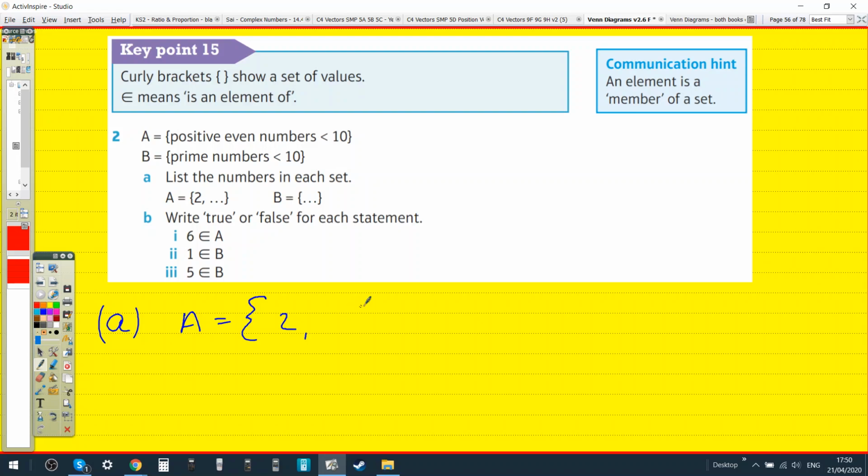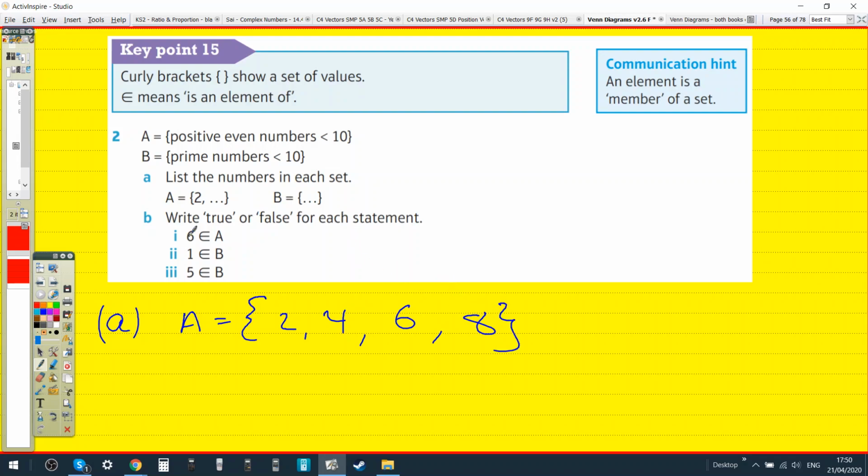So even numbers: 2, 4, 6, 8, smaller than 10.